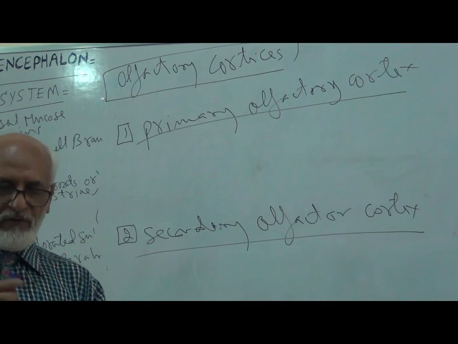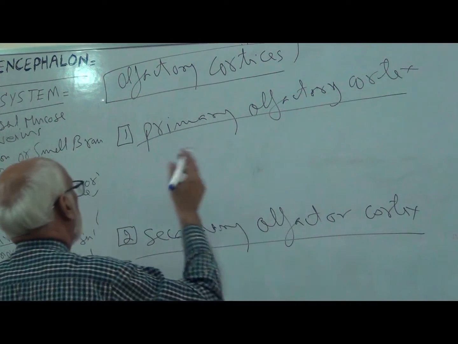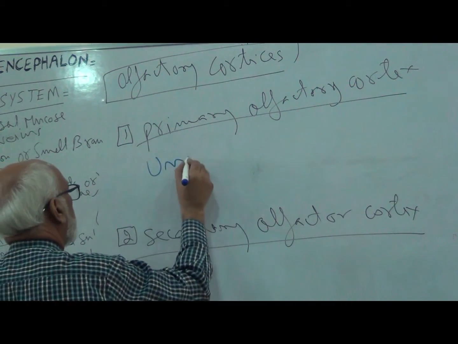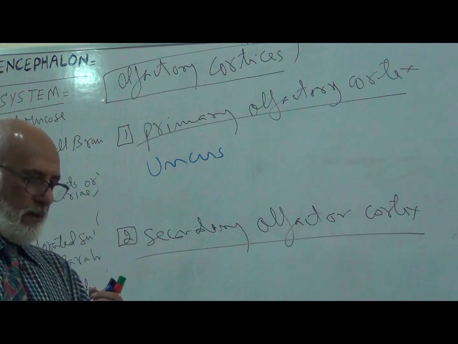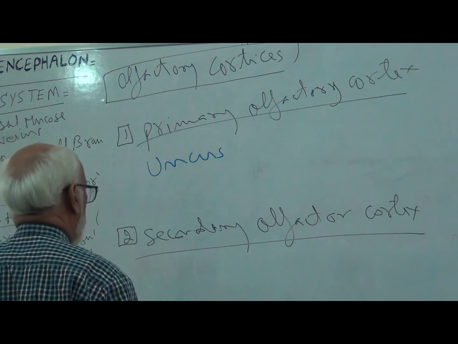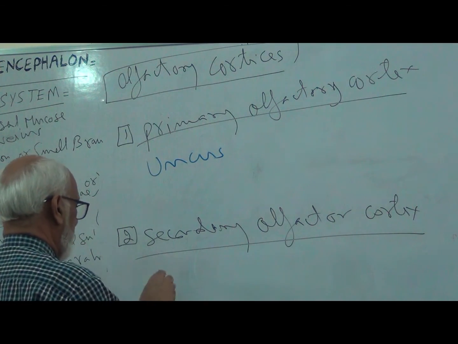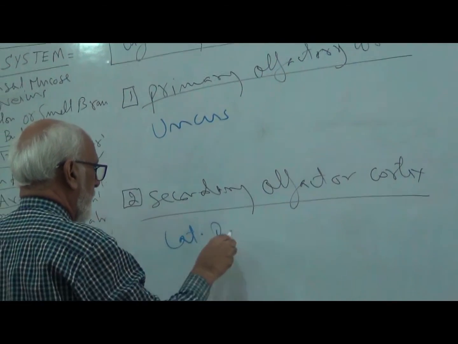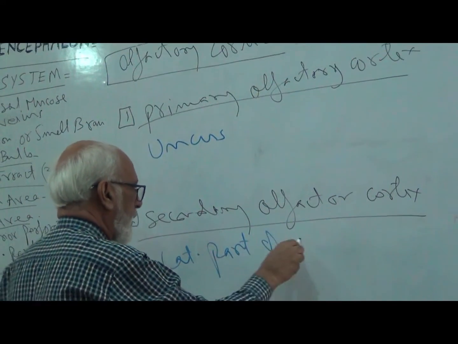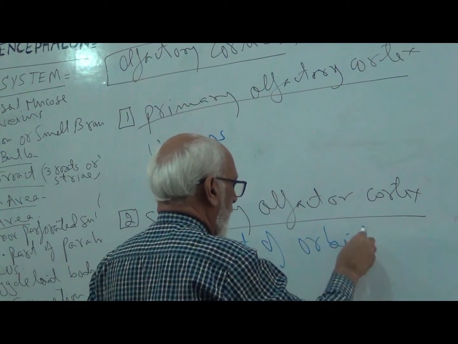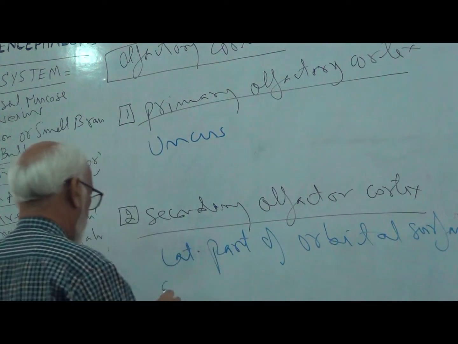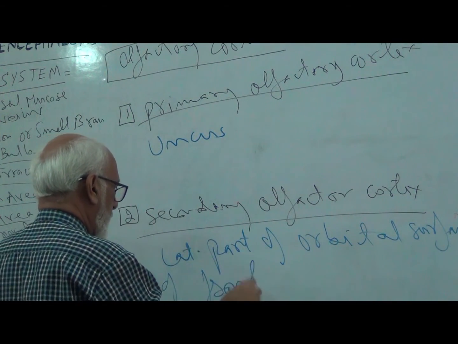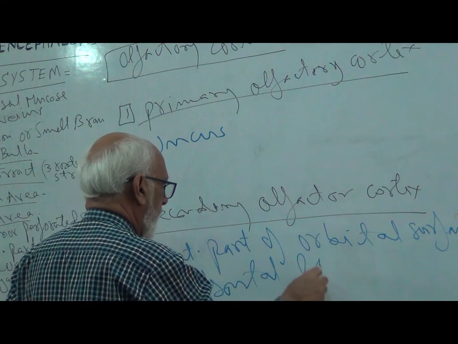Now primary olfactory cortex, mainly it is the uncus. And the secondary olfactory cortex is the lateral part of orbital surface of frontal lobe.